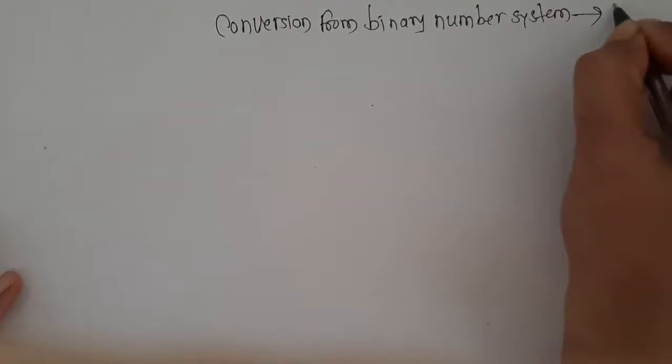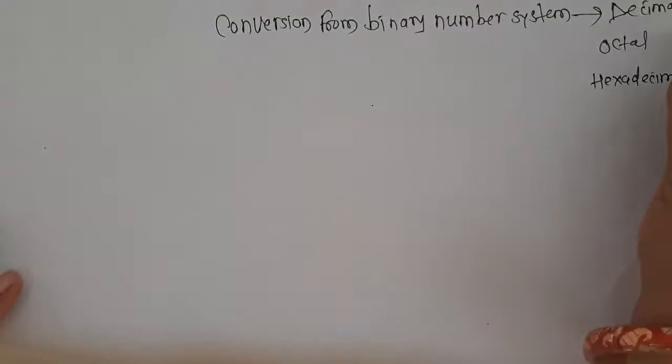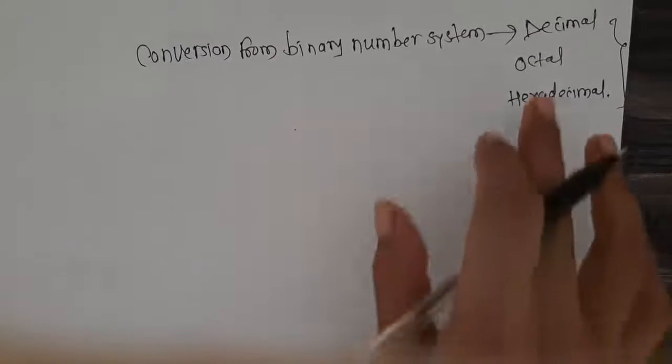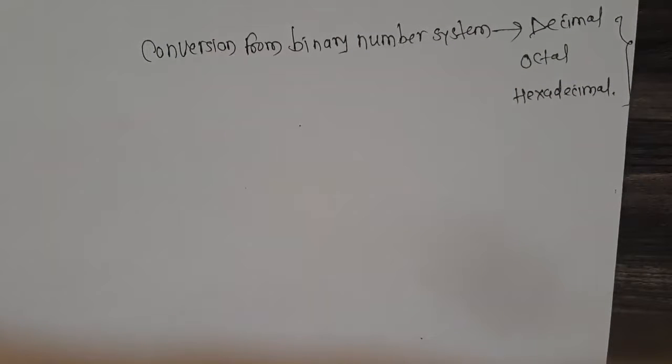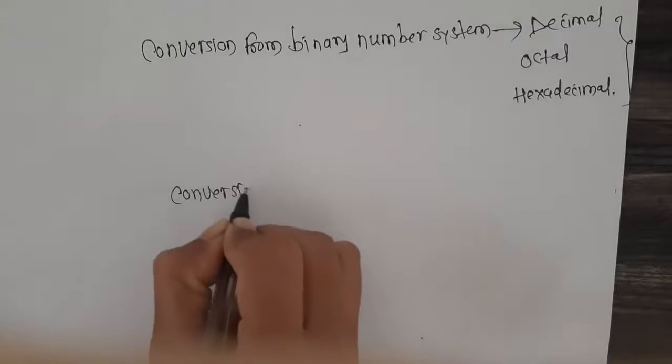Which others? That is decimal, octal, and third, hexadecimal. In the next lecture we are going to see these 3 conversions, that is, conversion from binary to decimal, octal, and hexadecimal.